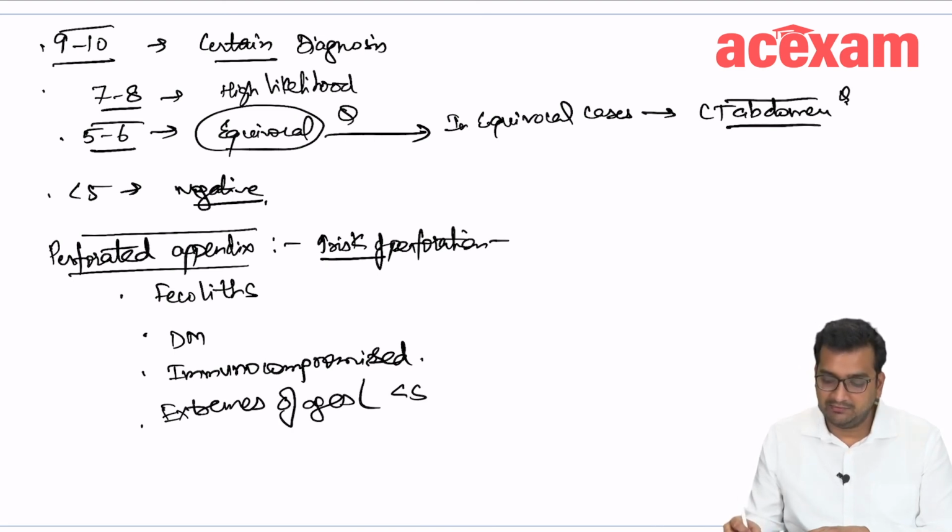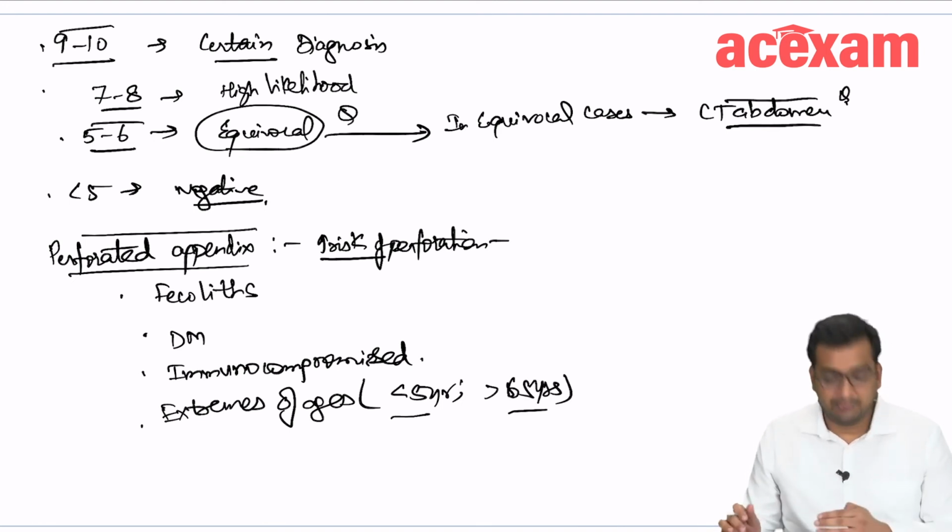If the child is less than 5 years or if the patient is more than 65 years, they both are high risk for perforation.